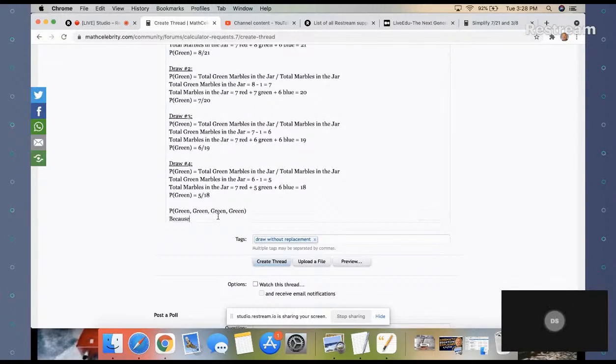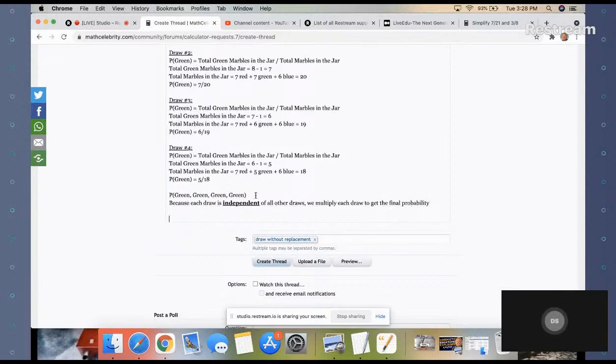Because each draw is, and let's bold and underline this, independent of all other draws, we multiply each draw to get the final probability.